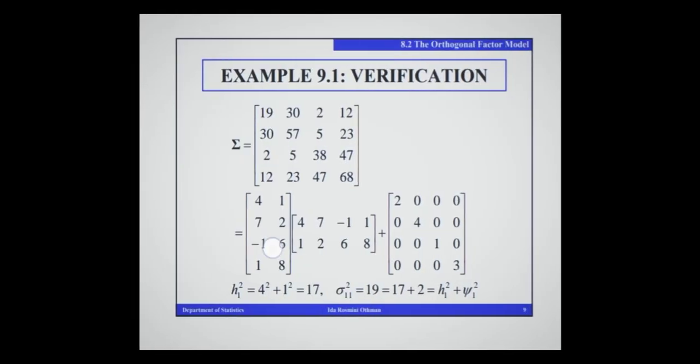Ini adalah matrix of factor loading. Ini adalah dia punya transpose. So maksudnya kat sini kita ada dua faktor, betul tak? Kita ada dua faktor. Faktor pertama dan faktor kedua sebab dia ada dua kolom. So daripada 4 variables kita create dua faktor.